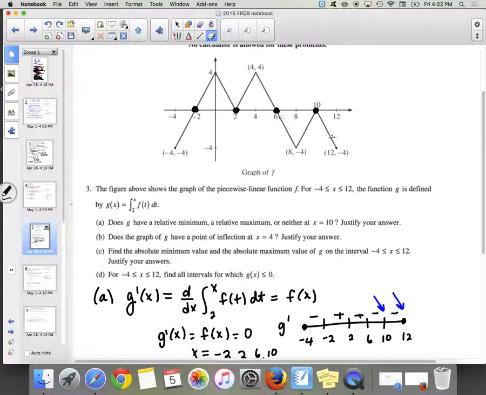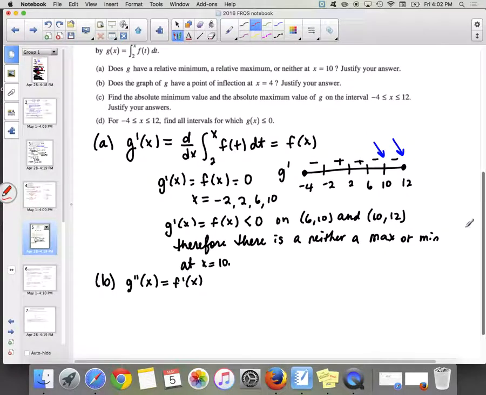And so what's happening at 4, that's where our f prime is undefined, right? So f prime switches from positive to negative because I have a positive slope for f and I have a negative slope for f on each side. So that means that g double prime changes sign there, right?